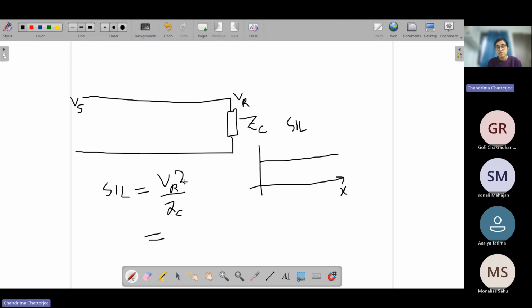Now remember one thing. If you take line to line voltage, then this is the expression. But if you take phase voltages, then you will have to multiply by 3. It was 400 kV and it was a line to line voltage. Whenever you see any question, unless it is specifically mentioned, whatever voltage is mentioned will be line to line voltage, not phase voltage.